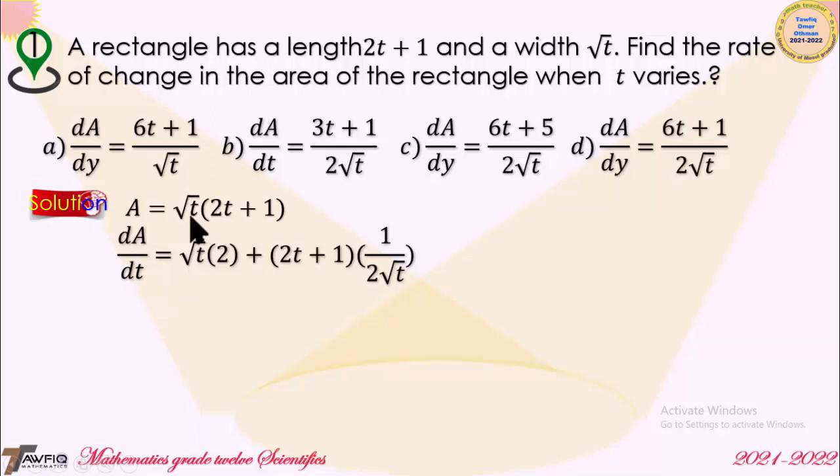The first one, this is the product of two functions. Therefore, the first, square root of t, times the derivative of the second, which is 2, plus the second, which is 2t plus 1, times the derivative of the first one. The derivative of square root of t is 1 over 2 square root of t.